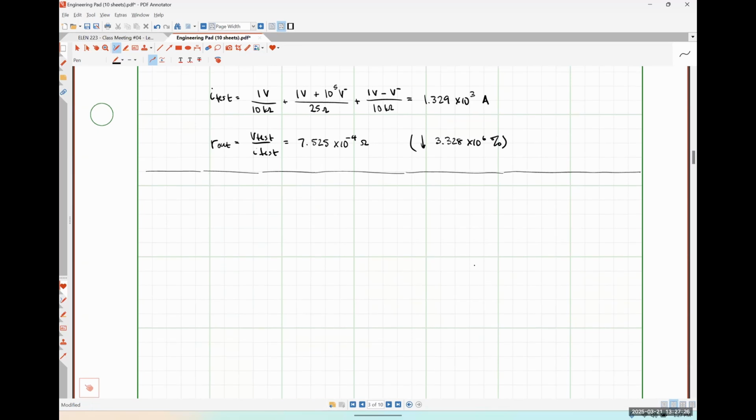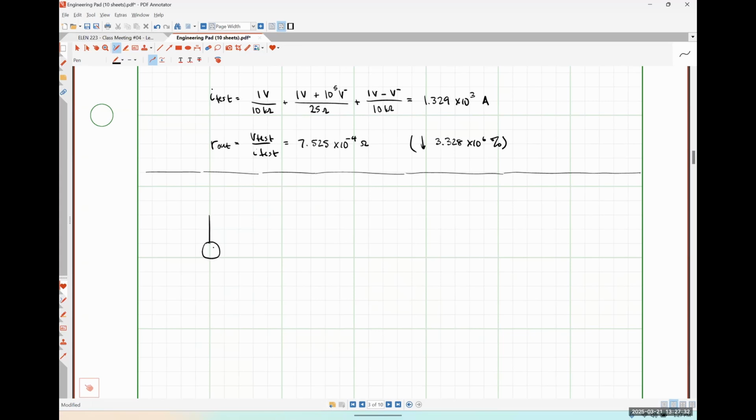So on one of the very first days of class, I think it was the second day, I drew a circuit, something akin to this, where we had our signal to be amplified connected to some resistance RS, forming a practical voltage source.